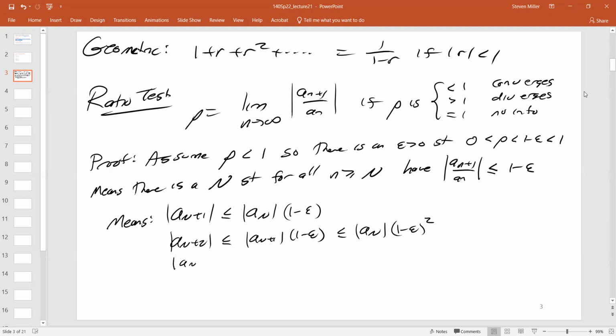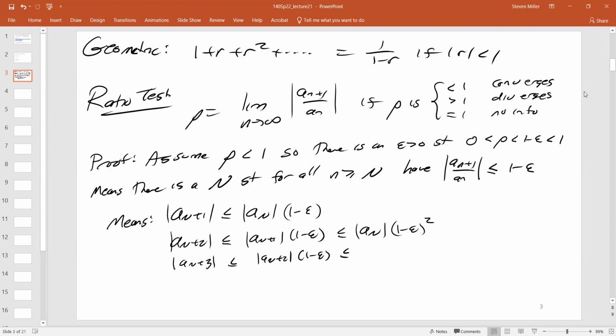What do I know about a_{N+3}? That's less than or equal to |a_{N+2}| times 1 minus epsilon. So what is that going to be less than or equal to? So a_{N+2} was less than or equal to |a_{N+1}| times 1 minus epsilon.